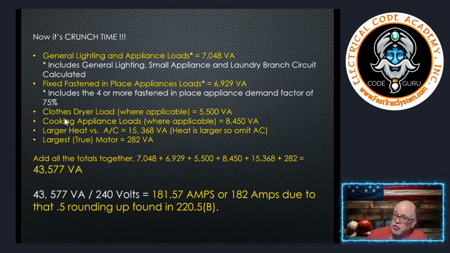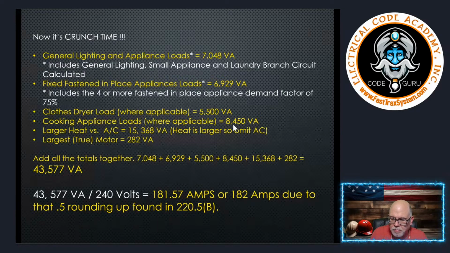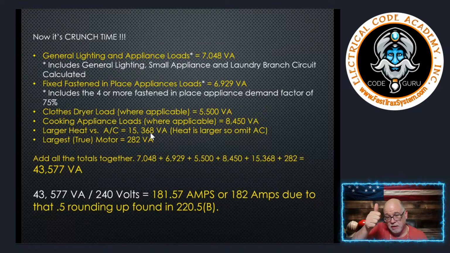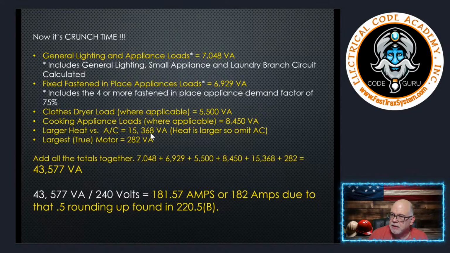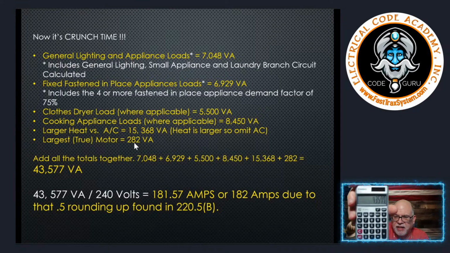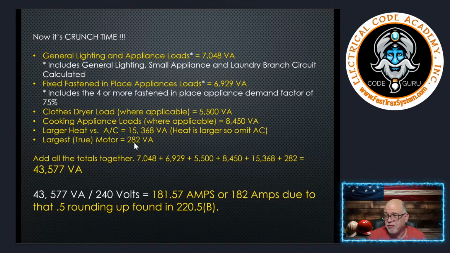We had the clothes dryer, which we had at the nameplate, which was greater than 5,000. So we added that, 5,500. We had the cooking, if you remember, it was 8,450. We had the AC versus heat, and obviously the heat won. So we have 15,368. And then we have that largest motor at 282. So that should give me 43,577. Exactly what I have here, exactly what you should have as well.